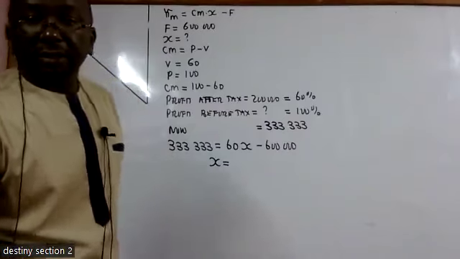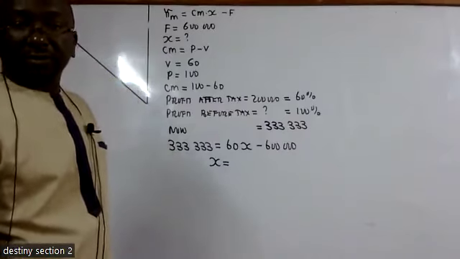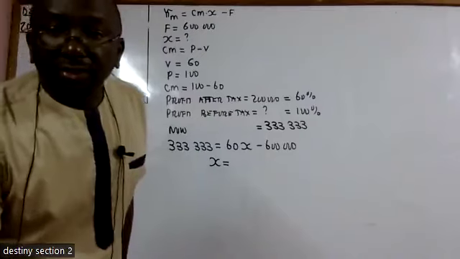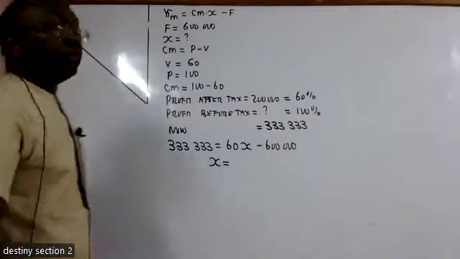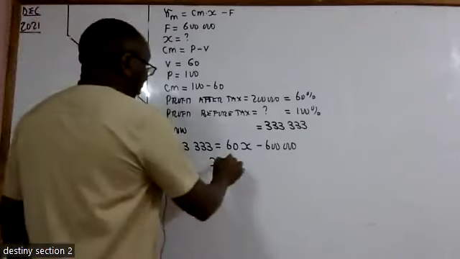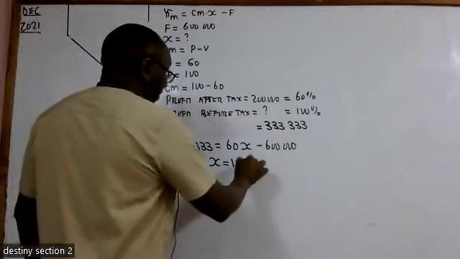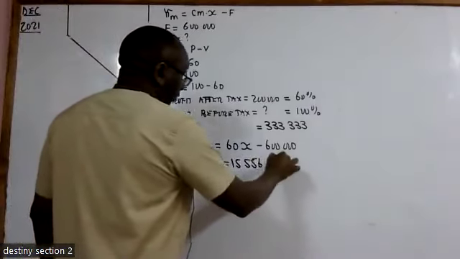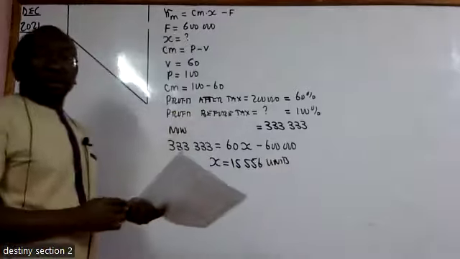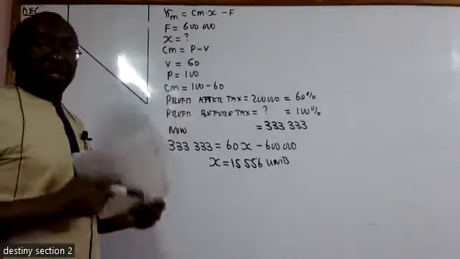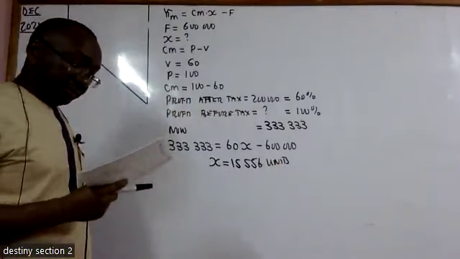I see different values, so we are talking of 15,556. 15,556 units. So those will be the number of units that will be required.